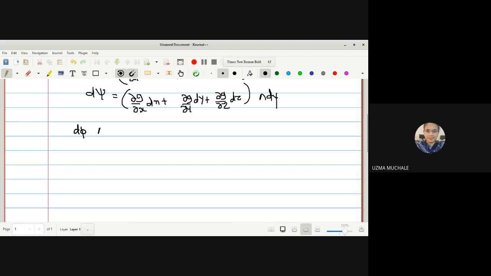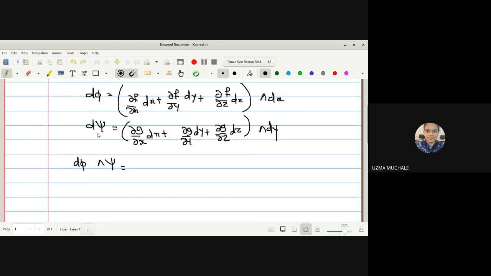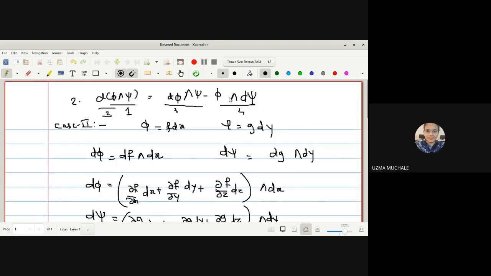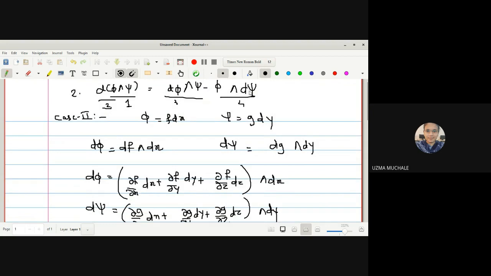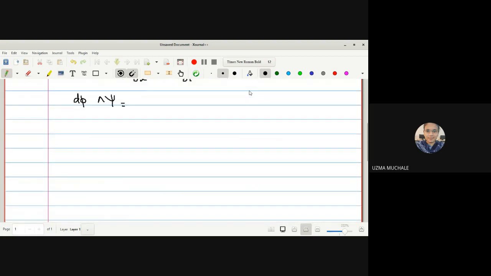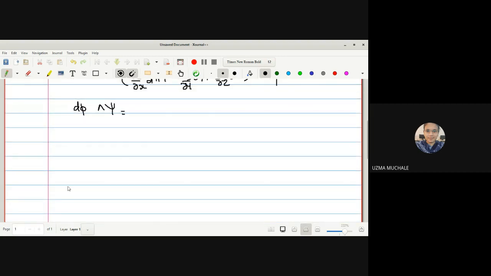Okay, next is d phi wedge product with psi, which I have to calculate first. So we will first calculate d phi wedge psi, that is this term, and then we'll calculate phi wedge d psi. As we have already written d phi, first we have the value for d phi here.